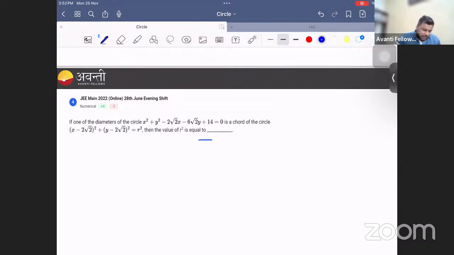The center of the first circle is (2 root 2, 6 root 2) by 2, also (root 2, 3 root 2). Clear? Now give it a thought for a moment. Think about it. There is no point if I keep on solving everything.